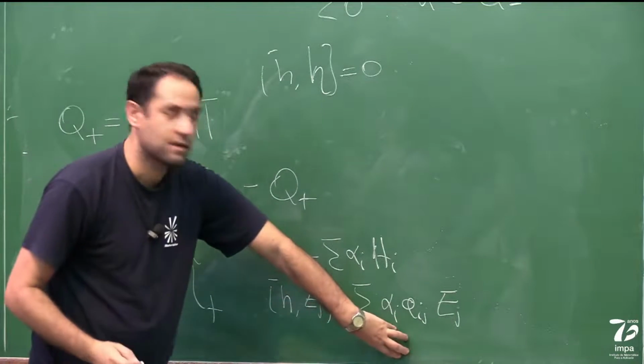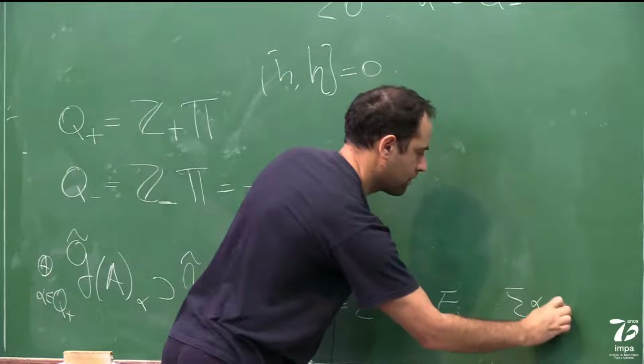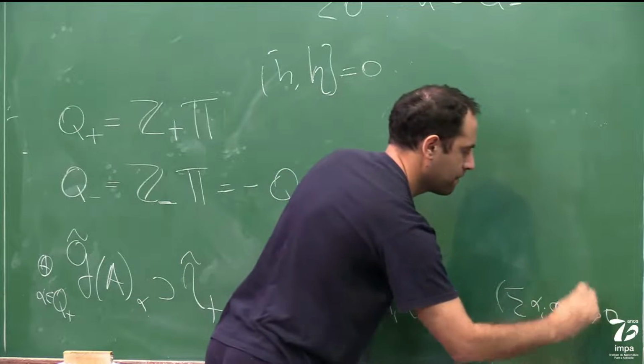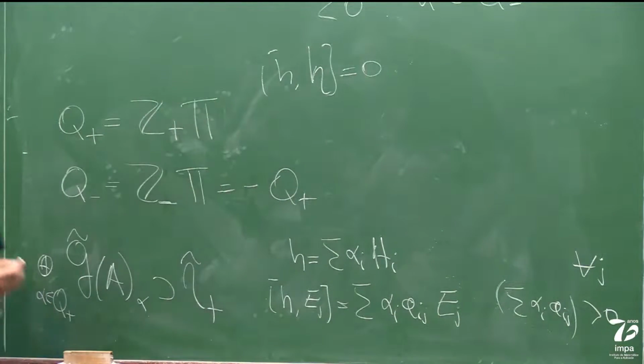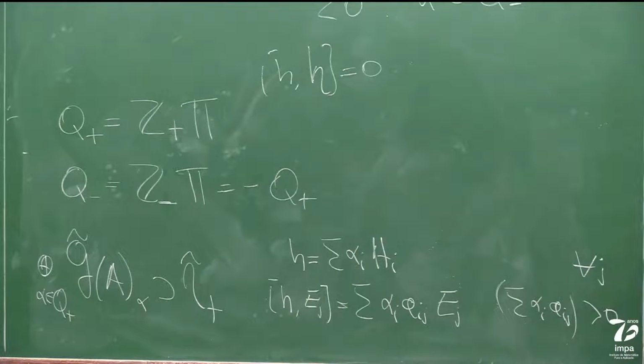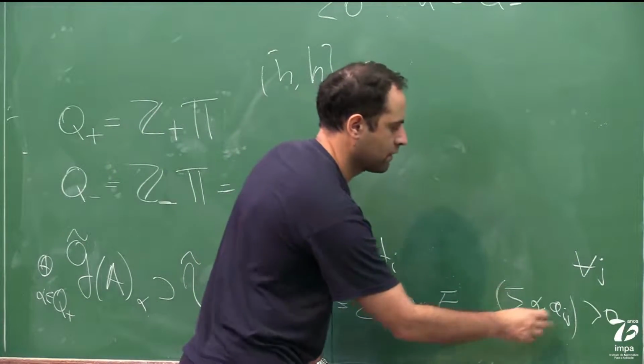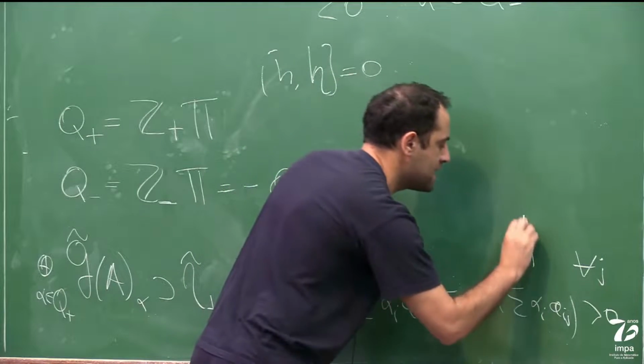And I want this sum to be positive. Well, you can actually make it so that it's actually 1. So instead of positive, we can solve it to be equal to 1.